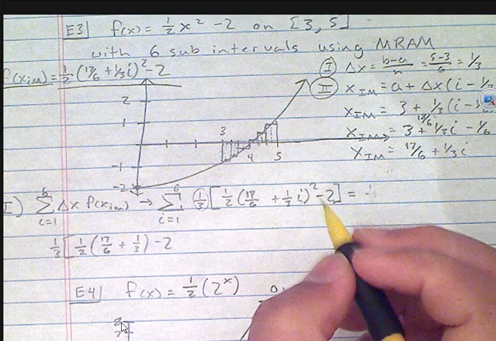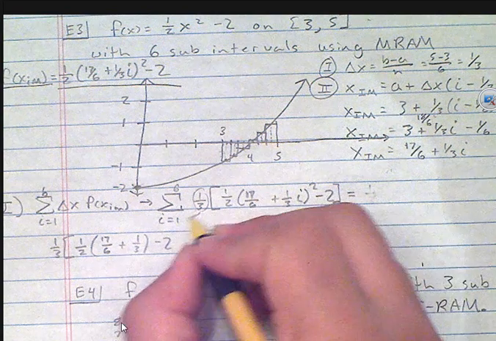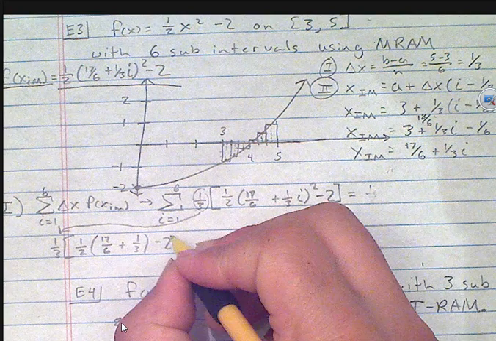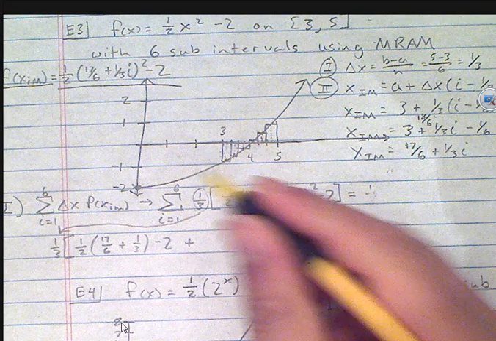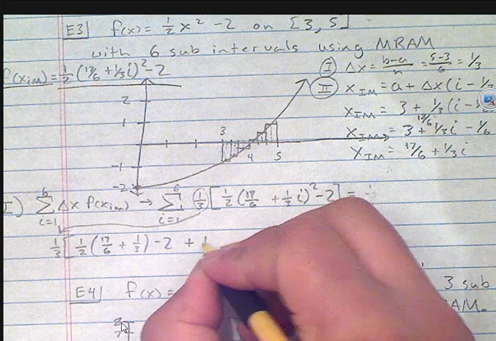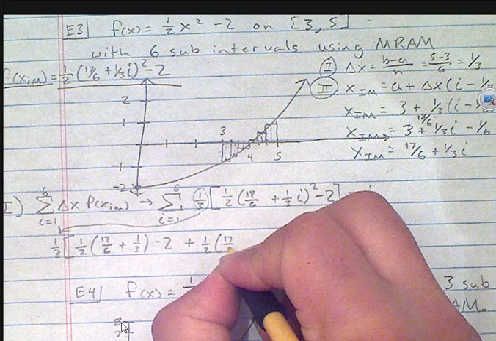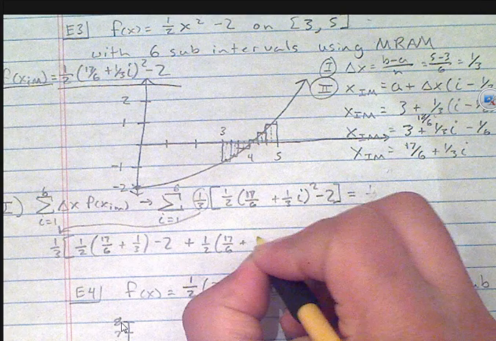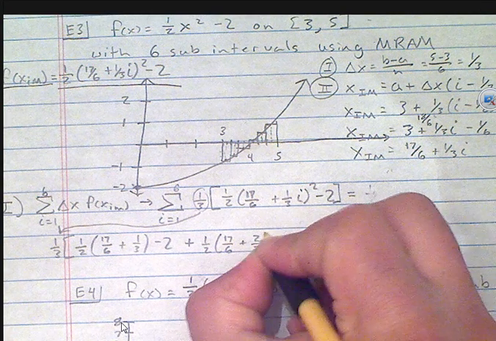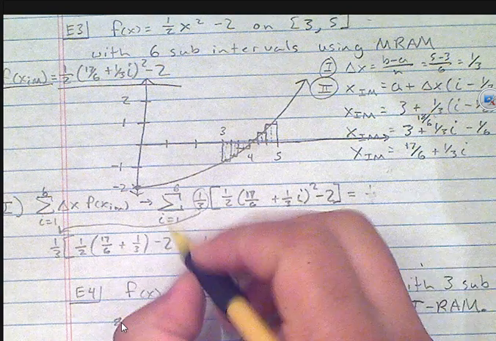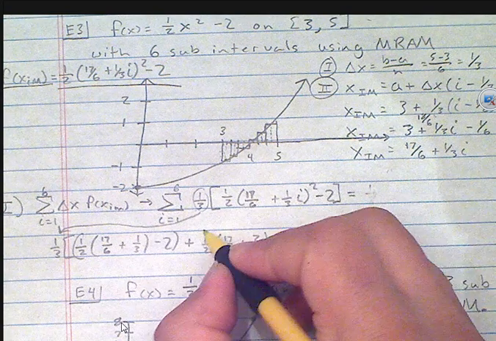That's 1. I factored this out, so I plugged in 1. Now I have to put a plus sign and plug in 2. So 1/2 (17 over 6 plus 2/3) minus 2, plus, and I could have parentheses around these. That would be better, but it doesn't matter.